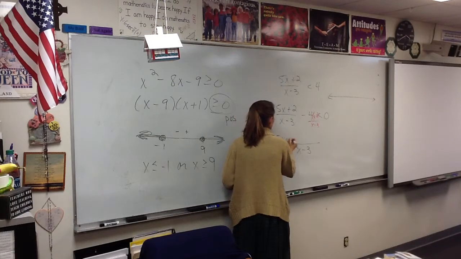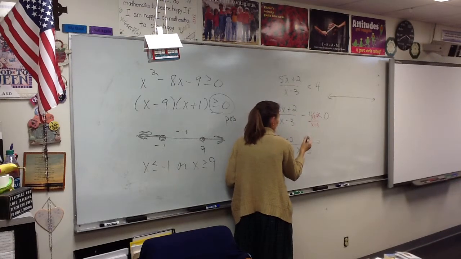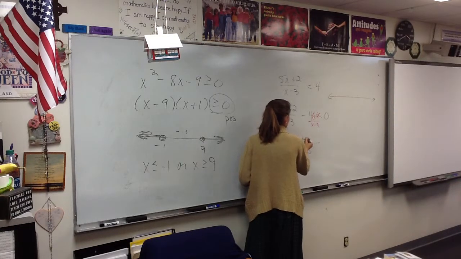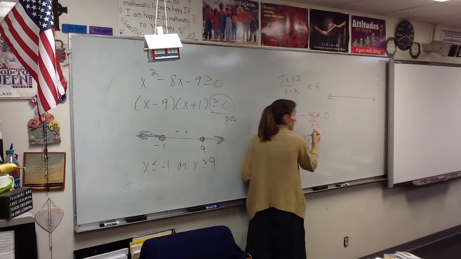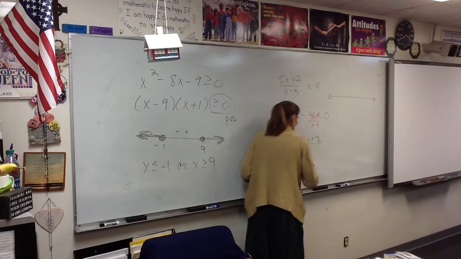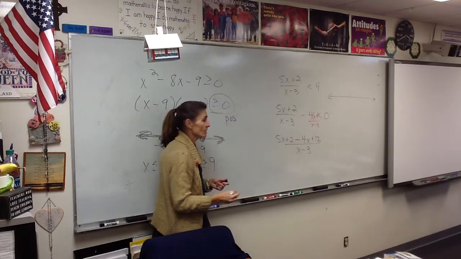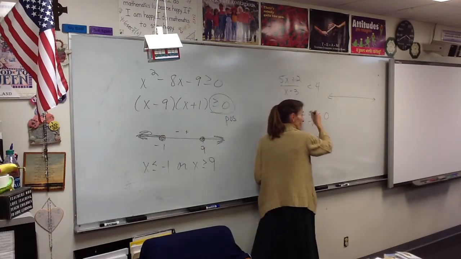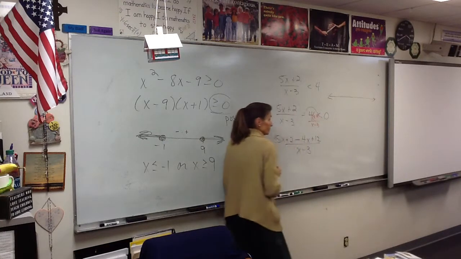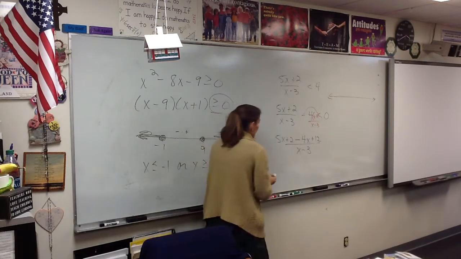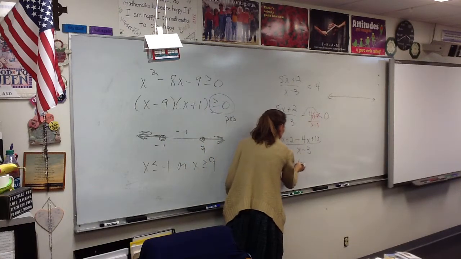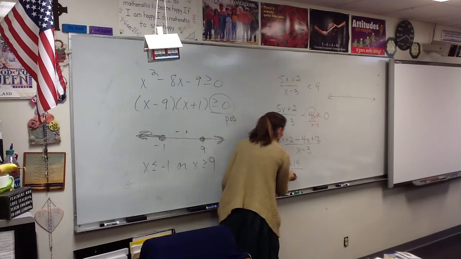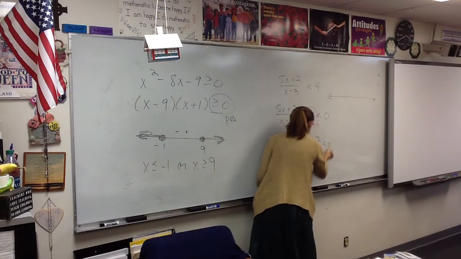So 5x plus 2, this is where we made a mistake, minus 4x plus 12. Does everybody see why that's plus 12? You're distributing. So that gave you x plus 14 over x minus 3.